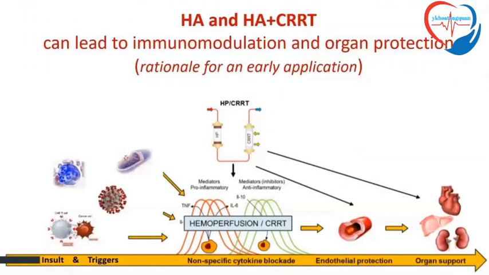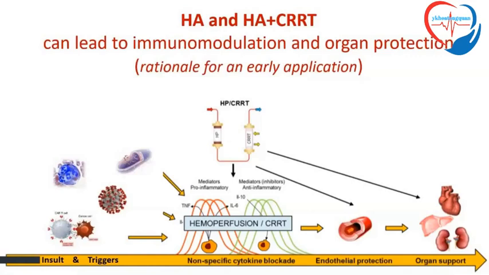So the idea of the peak concentration hypothesis is that by combining hemoperfusion with CRRT, you can achieve some type of endothelial protection. This is why we recommend the use early, because it makes no sense to treat the patient when you have already developed organ damage.